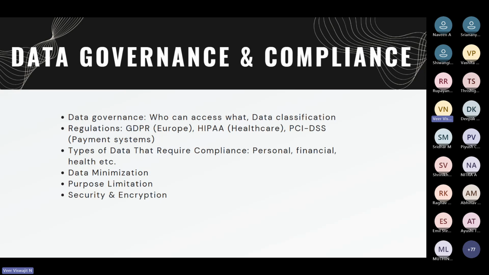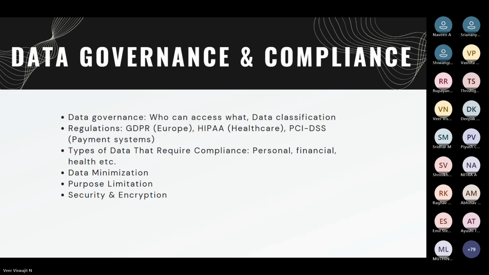And for compliance, you need to have specific user data that needs to be collected and stored. For personal data, you need to define what type of user details are being stored, and that needs to be disclosed to the user as well.